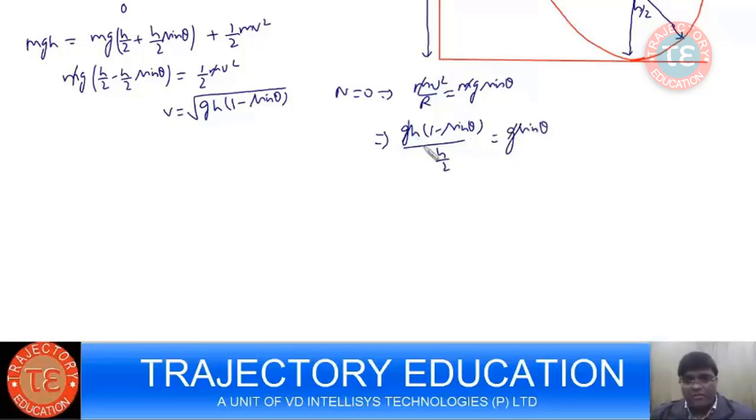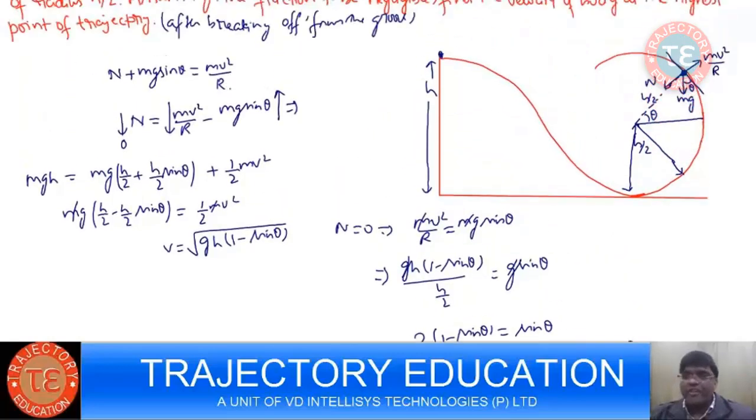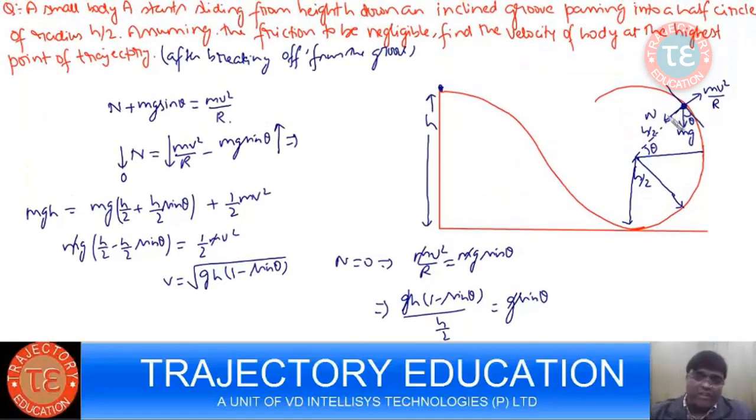This will cancel out, and this becomes 2 times 1 minus sin theta equals sin theta, or sin theta is 2 by 3. So the value of theta at which it is going to leave the groove is sin inverse 2 by 3, right?